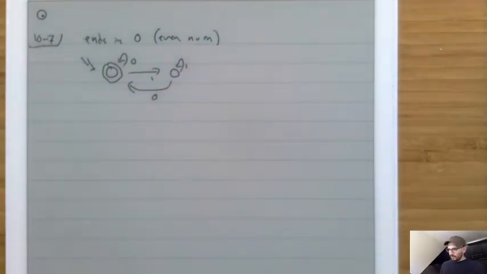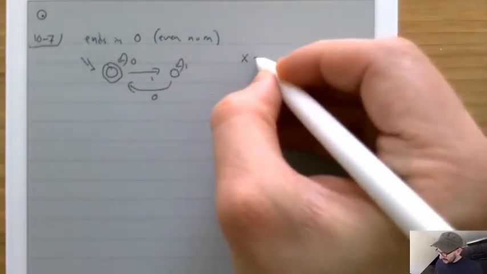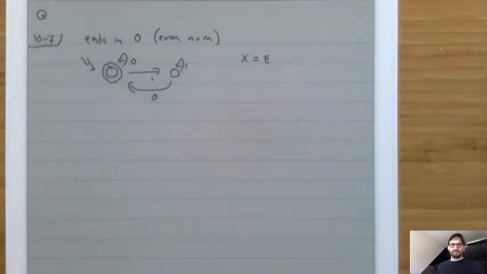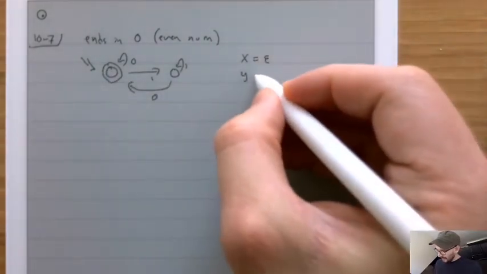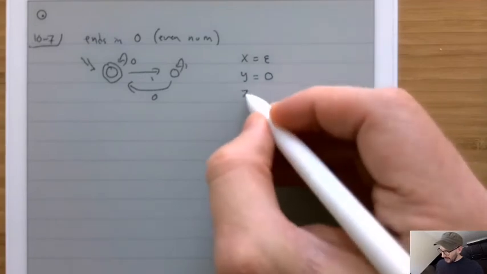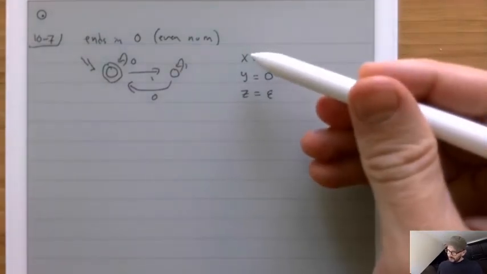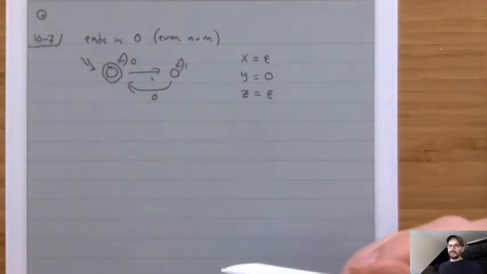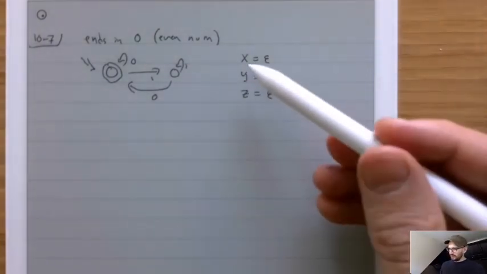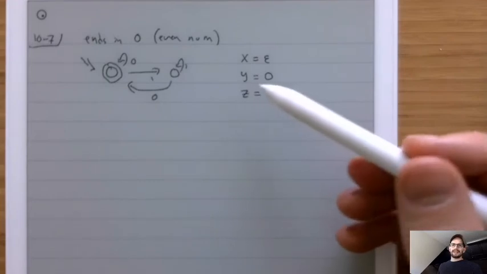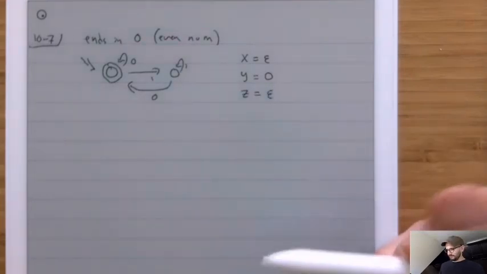Well, X in this case is epsilon because we start in the repeated state, Y is 0, and Z is epsilon. So because XYZ is in the machine, then we know that any number of Y's is in the machine too.